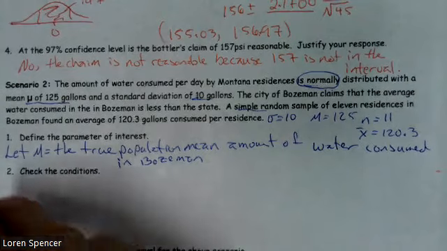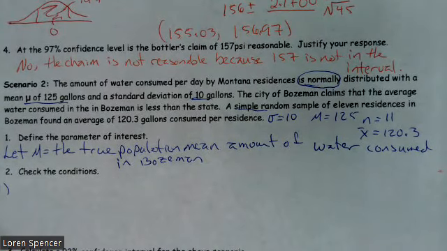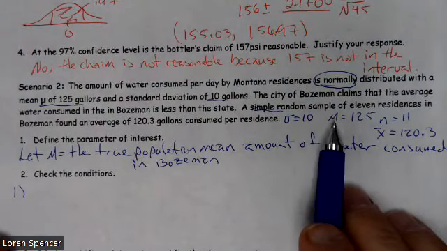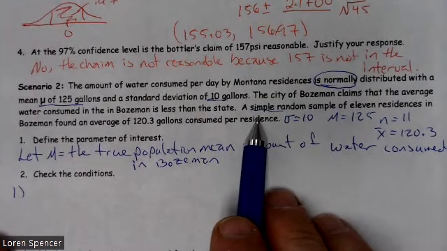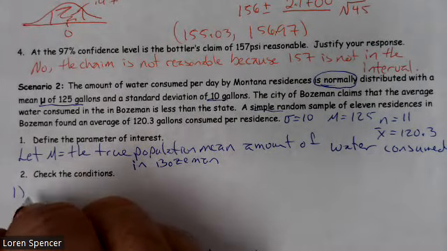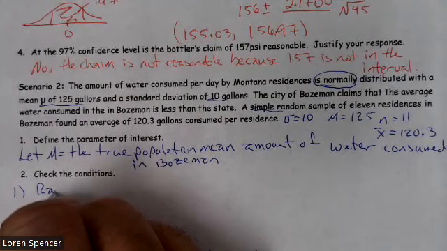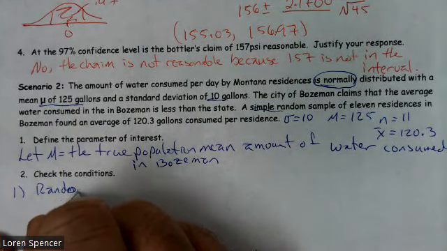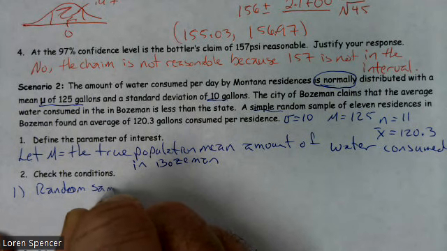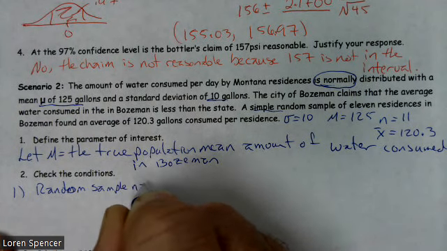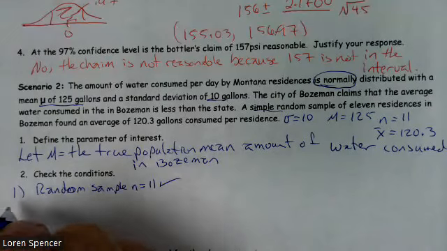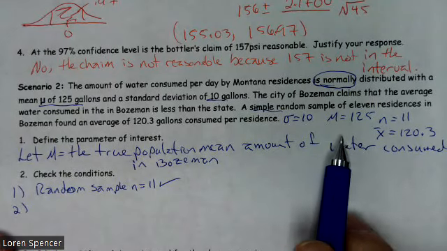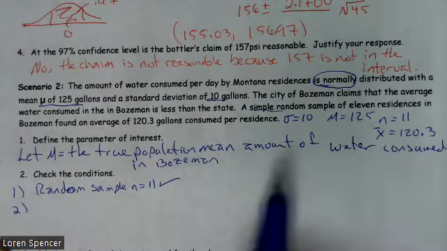Check the conditions. First condition has to be a random sample. Well, is it? A simple random sample. Okay, random sample where n equaled 11. So check. 2, we need to know about the n is less than 10%.